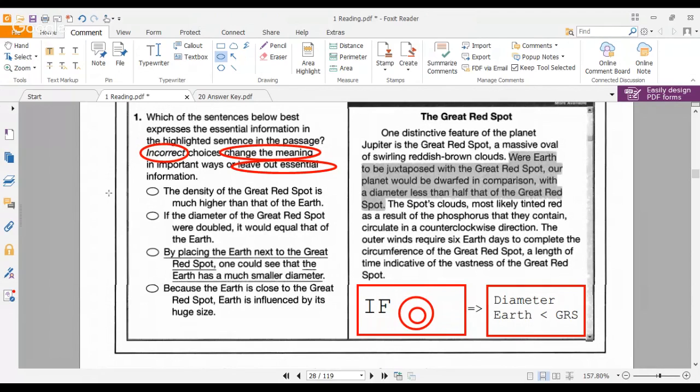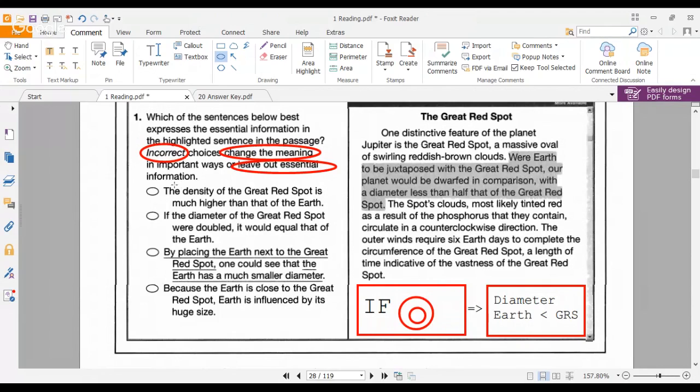Why? What's wrong? Because in this sentence, they change the meaning. How exactly do they change the meaning in the sentence? They say that the mass of the Great Red Spot is much higher than that of the Earth. It's not so, not density, but diameter.